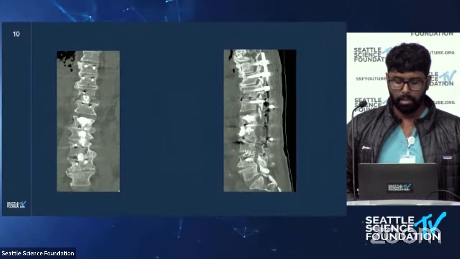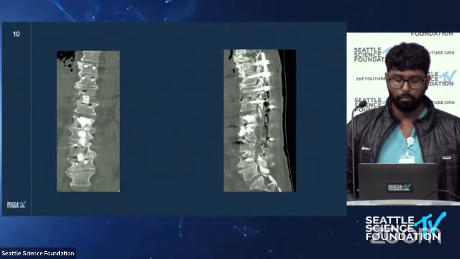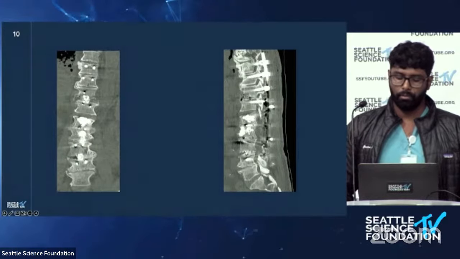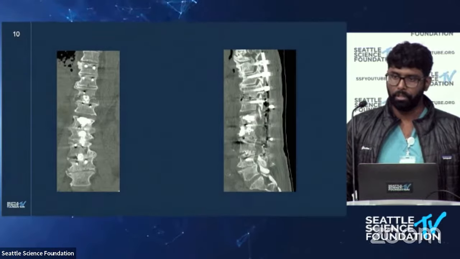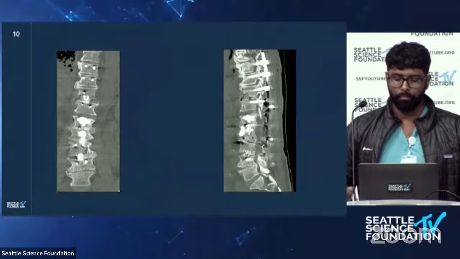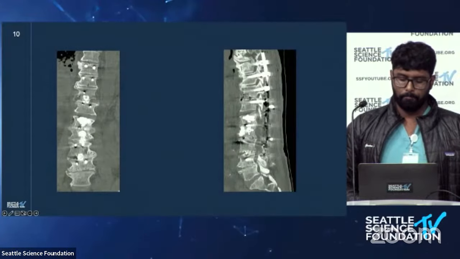We ended up doing a T10 to pelvis, or T8 to L4, on him, bridging the area where he had a lingering infection in the T11-12 disc space, which we irrigated, debrided, and put a cage in for anterior column support. He's doing quite well.